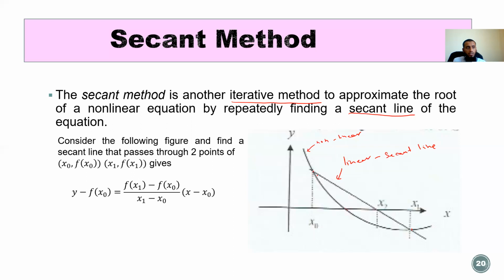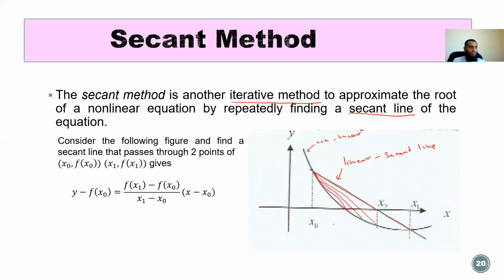Actually, if you draw this line again and again, this is the first line. Later on the second line will be like this, and the third line becomes like this, until we get to this point.